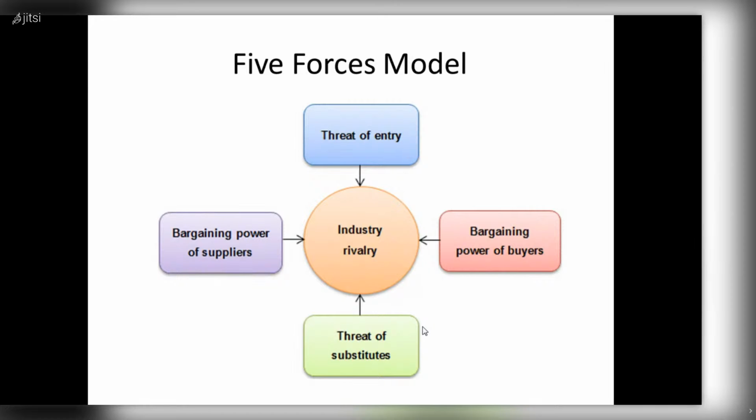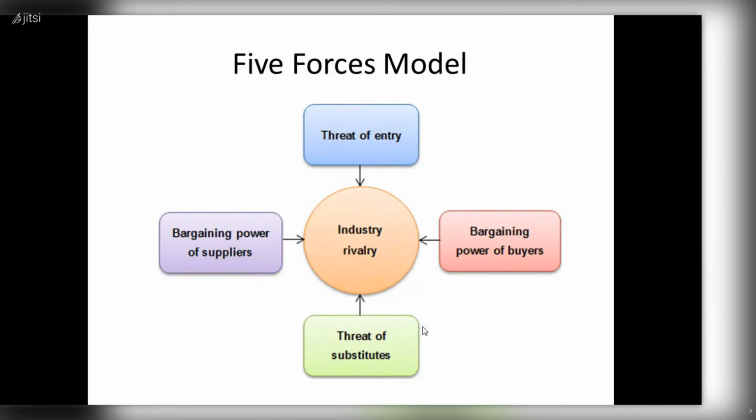So rivalry among competitors is intense when there are many competitors, when exit barriers are high, when industry growth is slow or sometimes negative, when products are not differentiated and can be easily substituted, and when there is low customer loyalty.